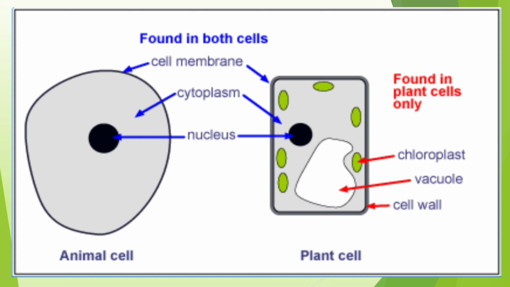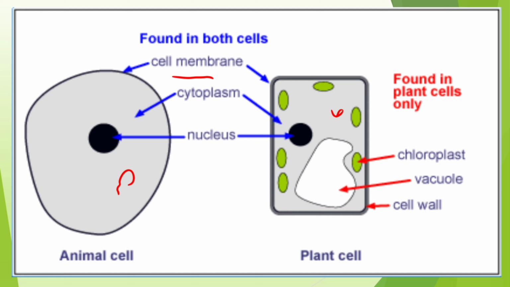See, here two figures are there, an animal cell and a plant cell. The outer layer, the main layer given, is the cell membrane. Inside this open part is called cytoplasm, and the nucleus is present in both. But as you can see, in the plant cell a vacant region is there, called the vacuole, whereas it is absent in the animal cell.